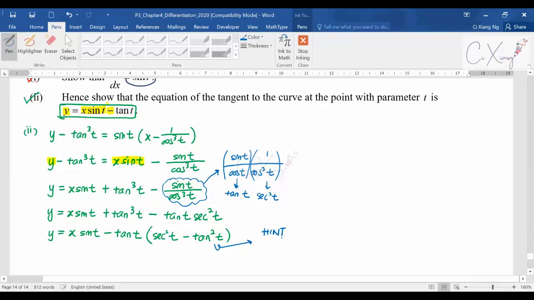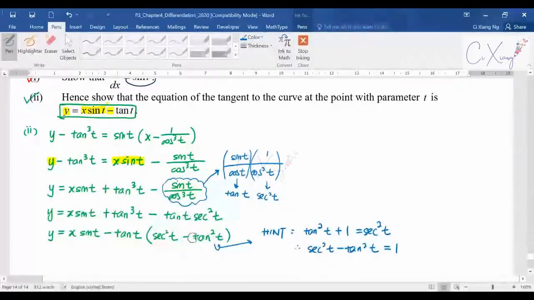The hint for this one is the equation we learned before, which is tangent square t plus 1 equals secant square t, right? Therefore, secant square t minus tangent square t equals 1. Therefore, this whole thing is actually a 1.